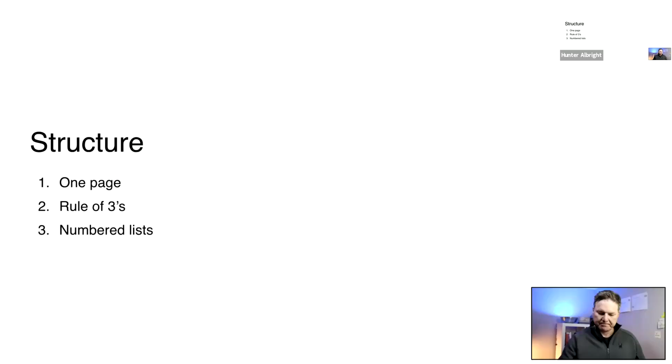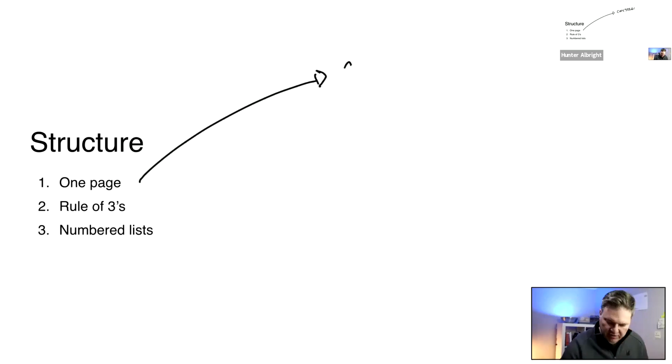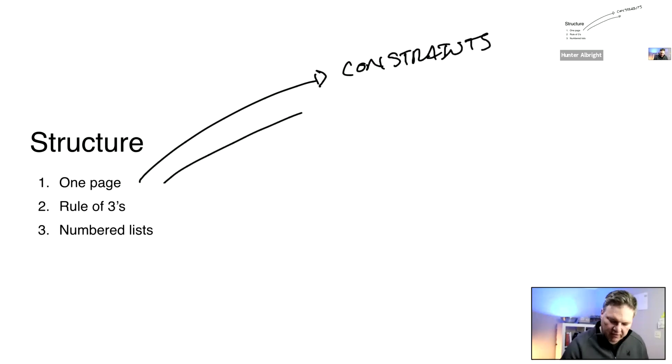All right. So the first thing of principles is really for me around structure. And the one page, I think, is important, right? Because it provides constraints. And it also provides, let's call it, a limited hurdle in terms of getting started.